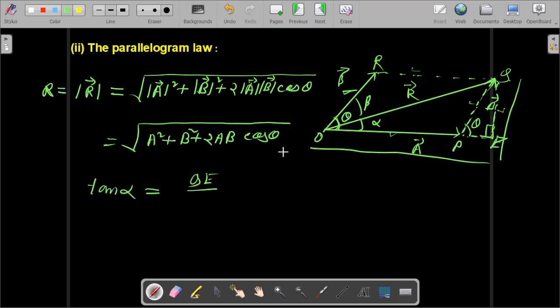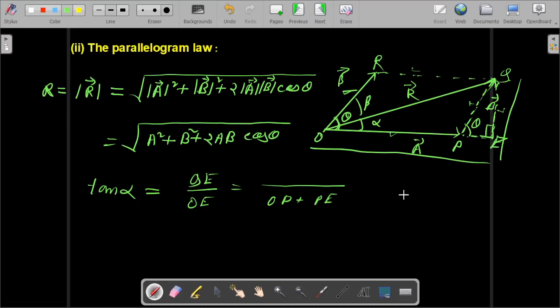QE divided by OE. OE means OP plus PE. QE means what? This is beta, this is the B vector, this is QE.